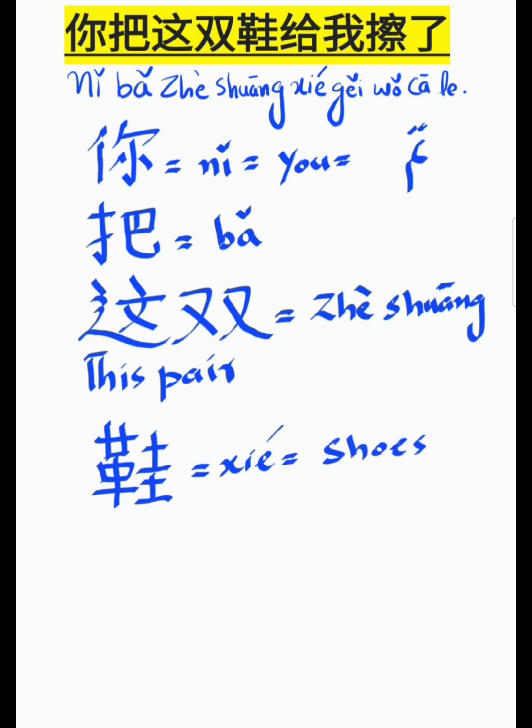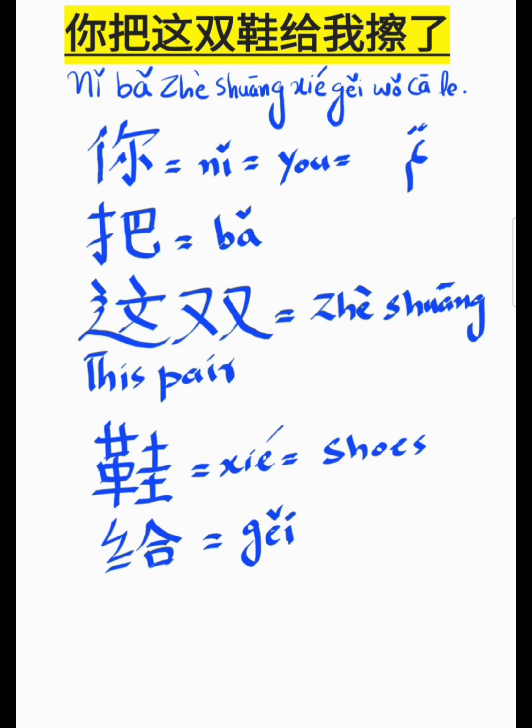Okay. And gei, give it. Gei actually means to give something to someone, but here it just means make it clean for me.